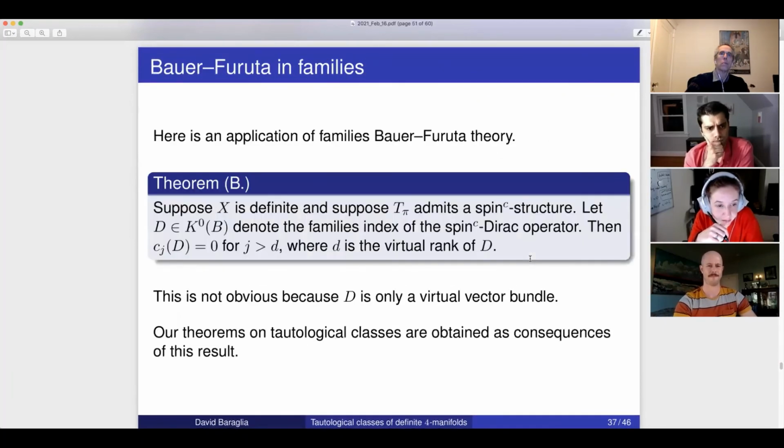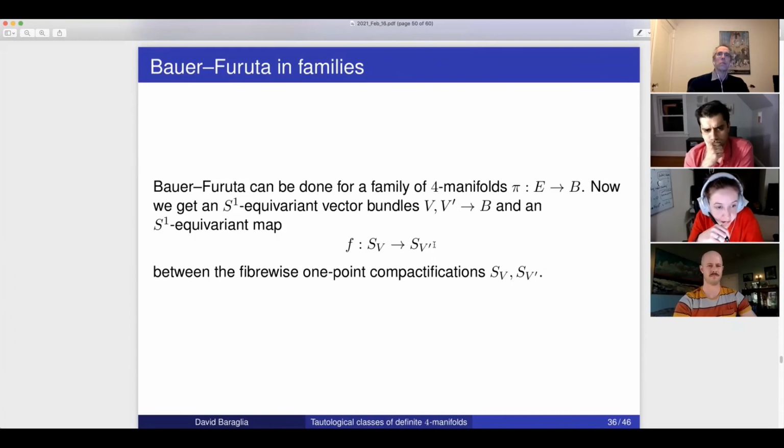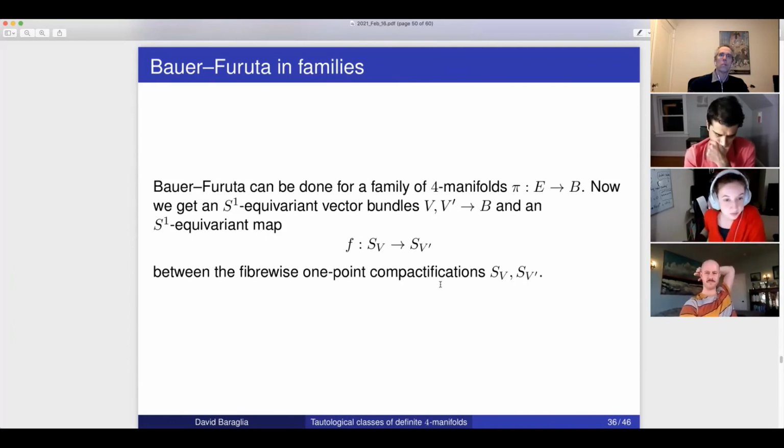Right. So basically, you have this Bauer-Furuta map, which is this equivariant map between sphere bundles. And basically, you look at the fixed points of the S1 action.